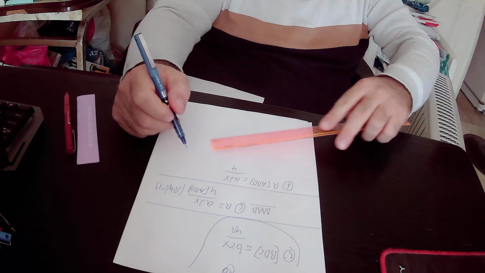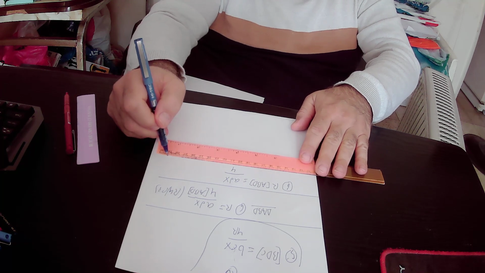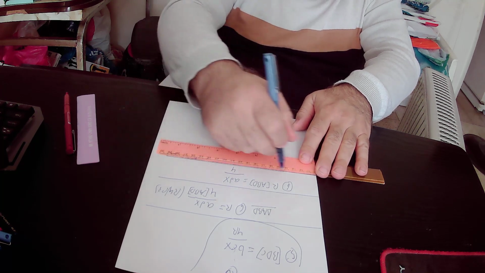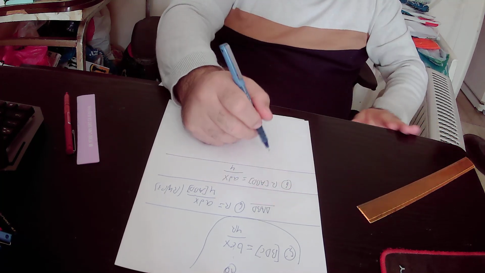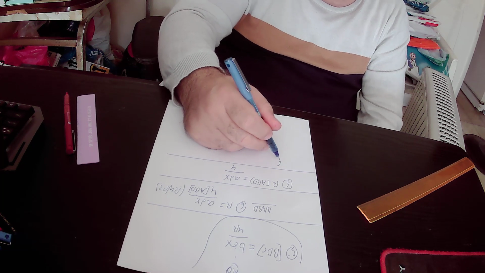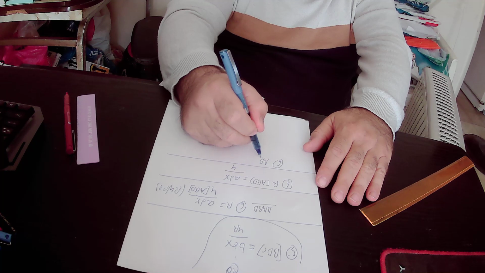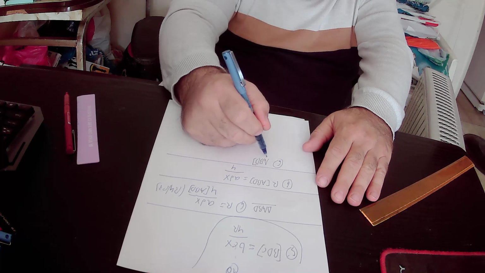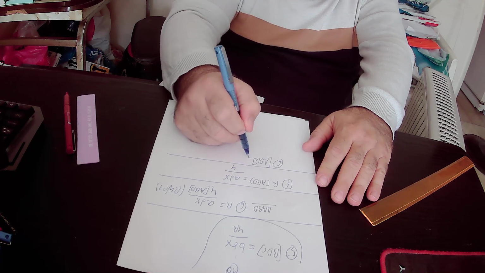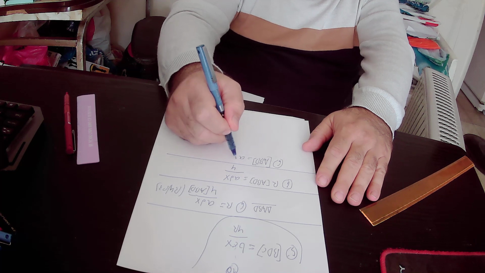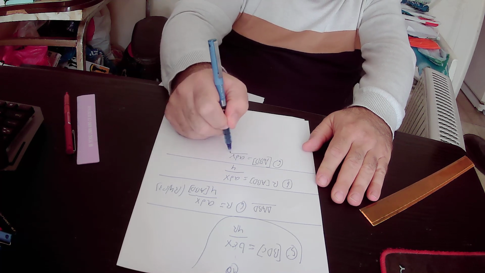So here we will divide equation number 6 by R, and we will get the area of triangle ABD. So we get that the area of triangle ABD, according to equation number 6, equals ADX over 4R.